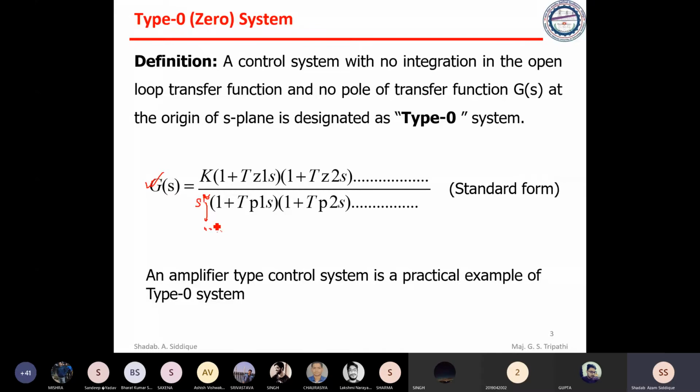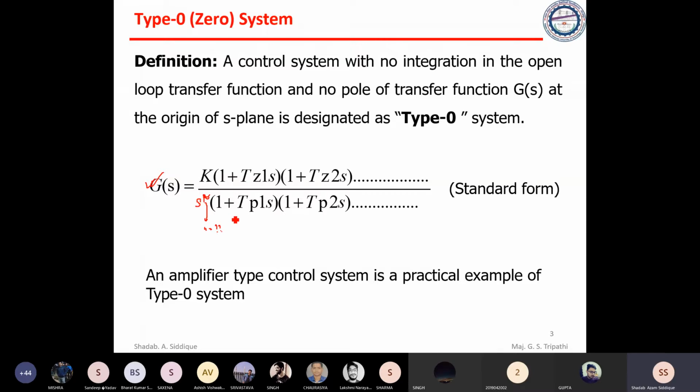So if n is equal to 0, then that system is called type 0 system, and if n equal to 1, then it's called type 1 system. And if n equal to 3, that is called type 3 system. That can be found out using the time constant form of the transfer function.